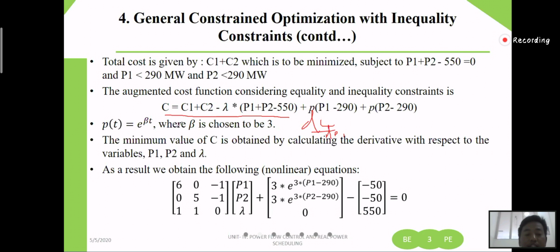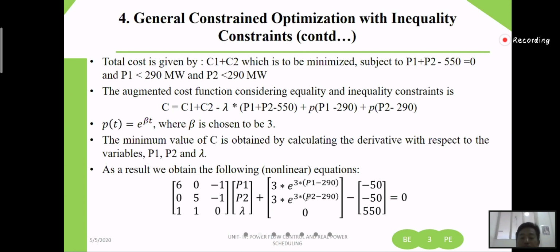Then similarly do dC by dP2 and then lambda, and you will get the equations. Here P is e to the power beta t, right? So you have to substitute that and then differentiate.